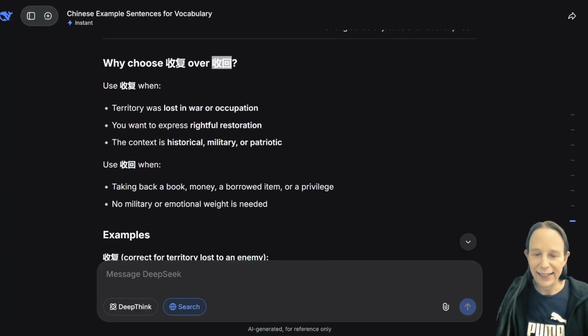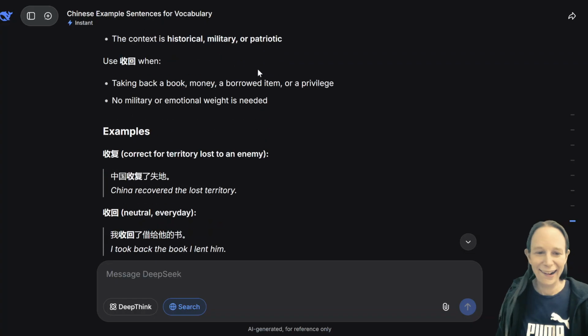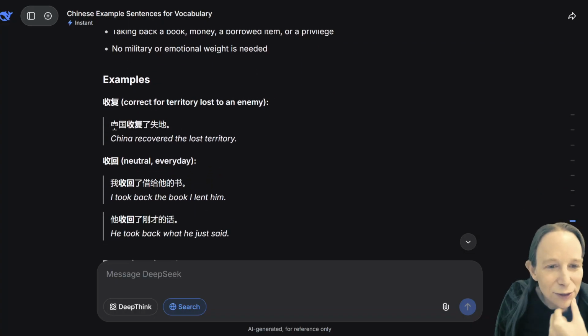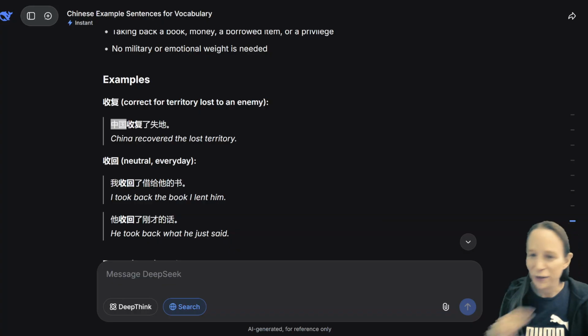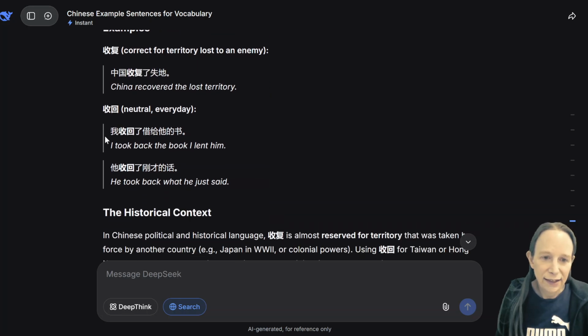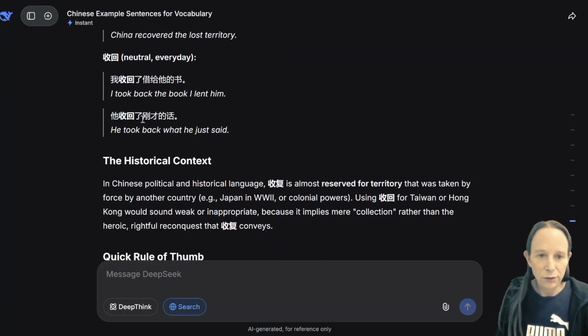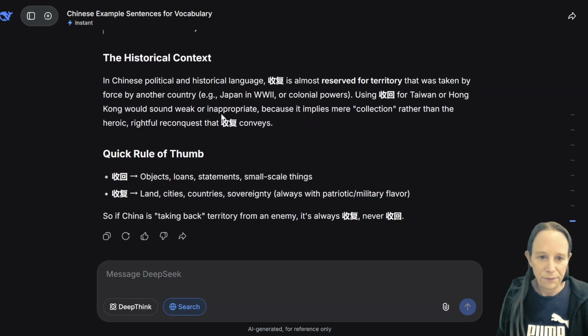So 收回 is like take back, I don't know, a book, money, etc. Something borrowed. All right. 收复, like, yes, this is ours. This is ours and belongs to me. All the territory you stole belongs to me. 中国收复了失地. Okay. 我收回了借给他的书. 他收回了刚才的话. Okay, so this is figurative. This is literal, this is figurative. All right.